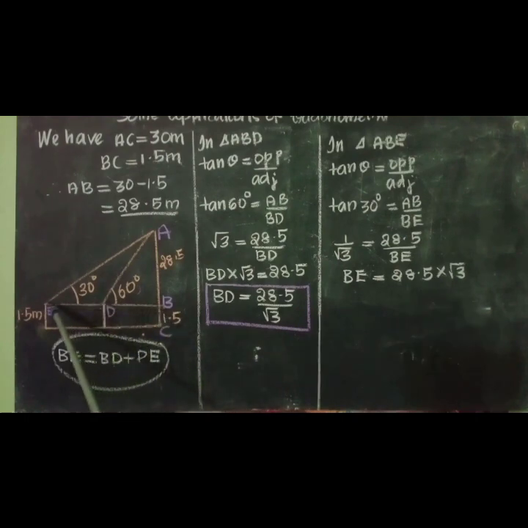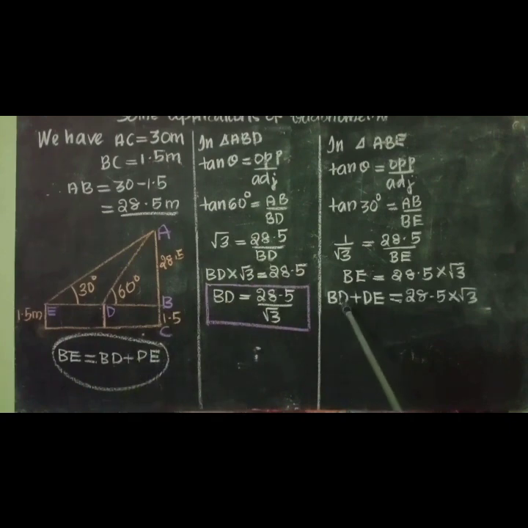Now you see the figure. What is this BE? BE is this total length. BE equal to BD plus DE. So we can write BE equal to BD plus DE. So here BE we can replace as BD plus DE.